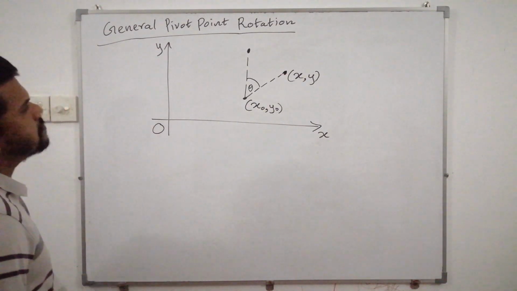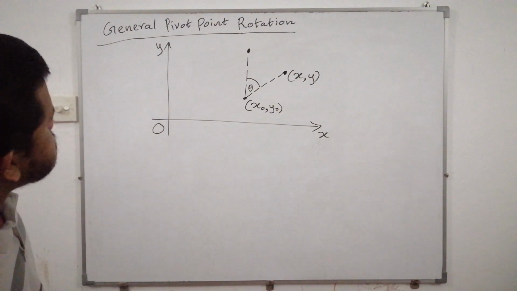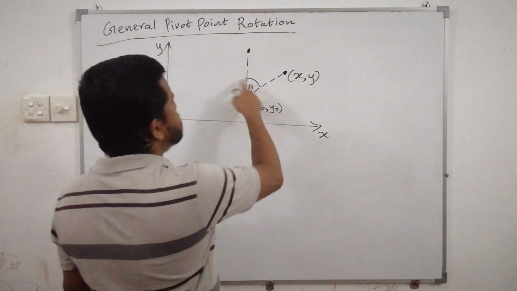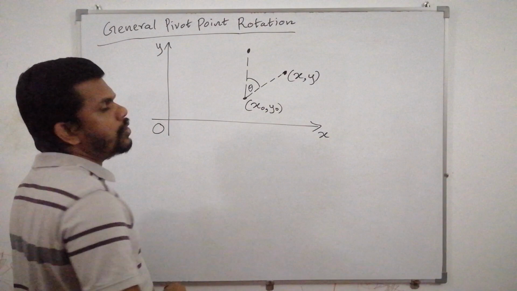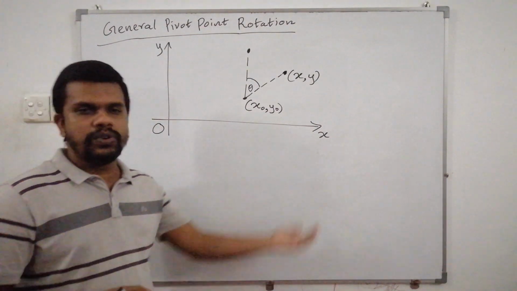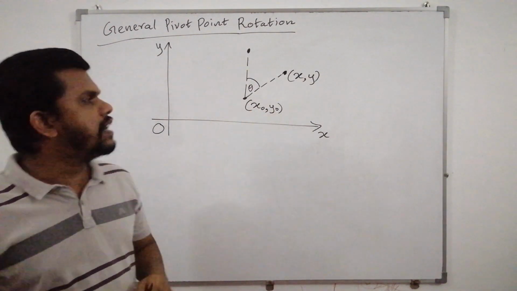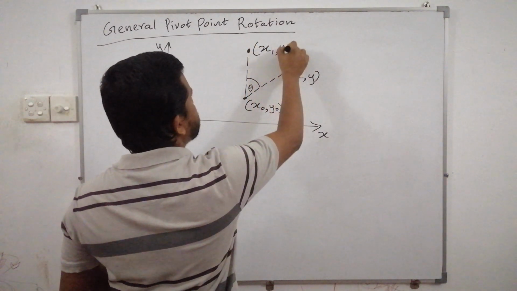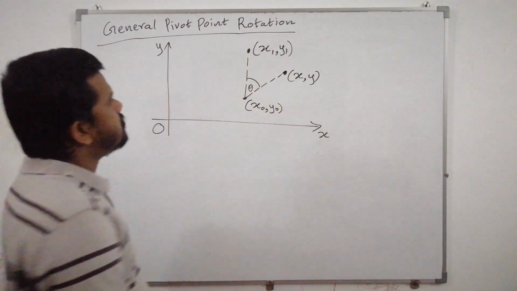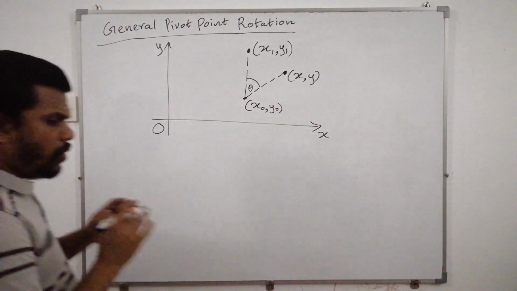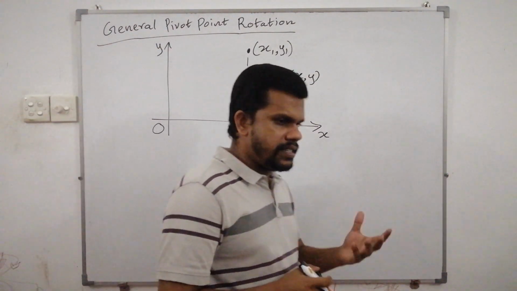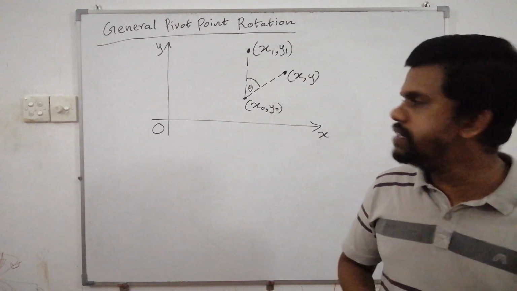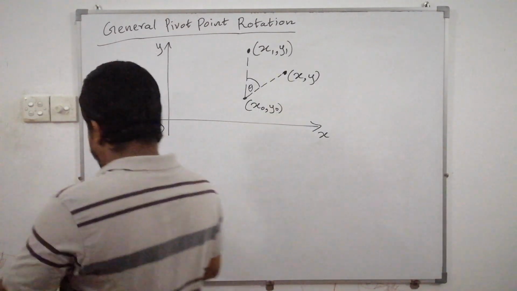Okay, so now it rotates around this pivot point in anticlockwise order by an angle of theta, and it reaches x1, y1. Now we want to derive a matrix for this transformation.